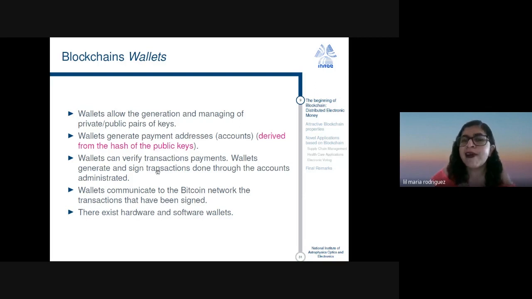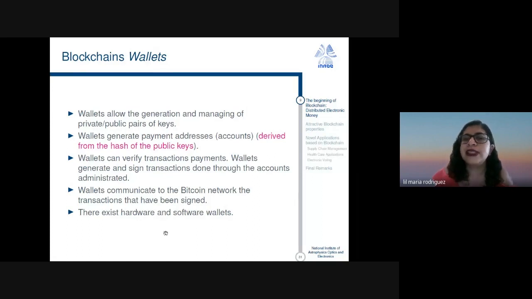Wallets can verify transaction payments, and wallets can sign the transactions done through the accounts. So my wallet will allow me to sign when I want to make a transaction of money. Wallets communicate with the Bitcoin network, and they propagate the transactions that have been signed.